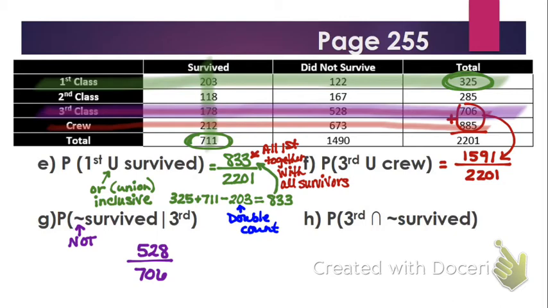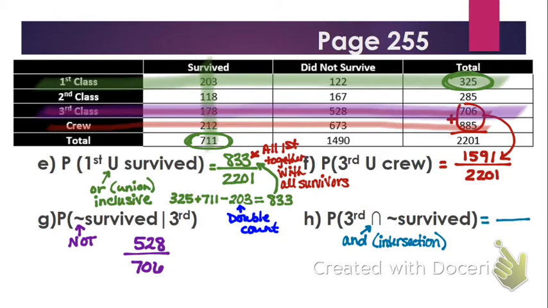What do I want to know in part H? So the upside down U, this is my "and," this is my intersection. Yes. We want people in third class that did not survive.